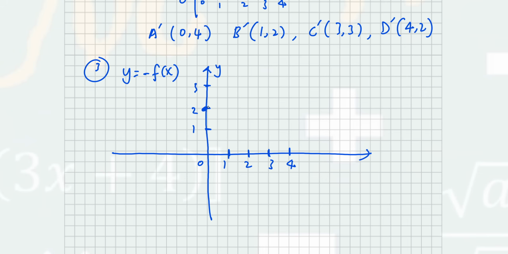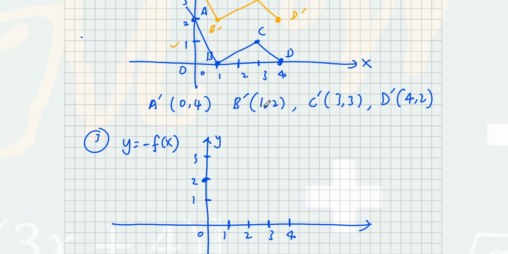Right, your points. These are your points. So A, B, C, D. Okay, this is y = f(x). Here x, and this is 0.